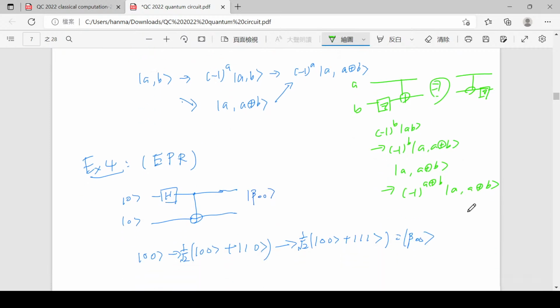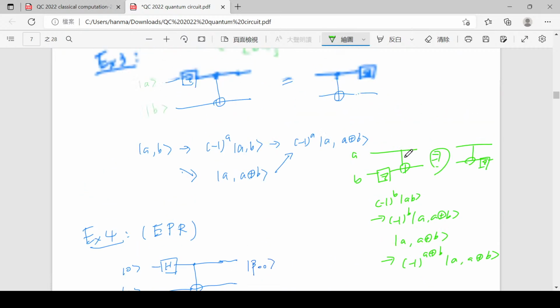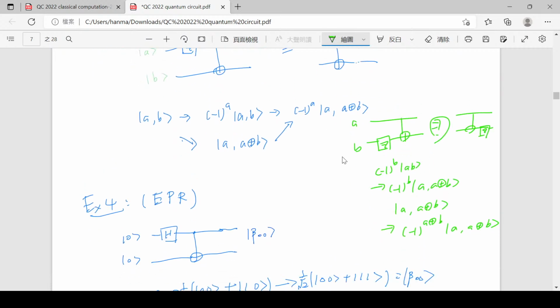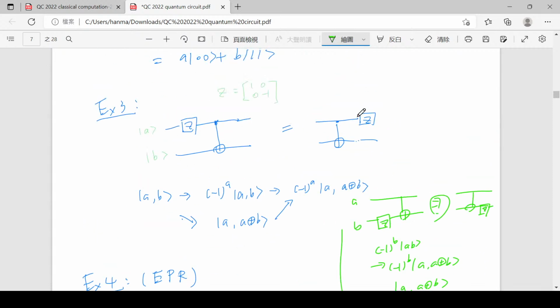So this is just an example to tell you to be careful when the target qubit and the control qubit are different.